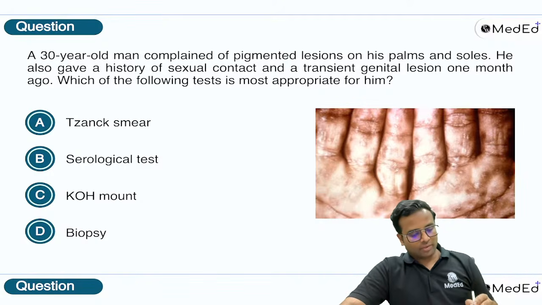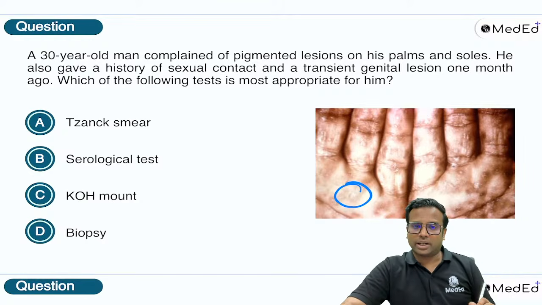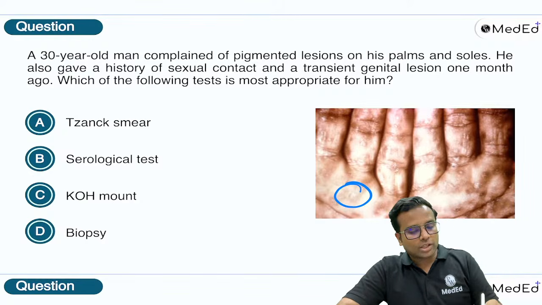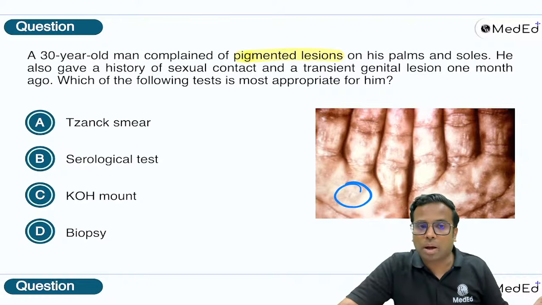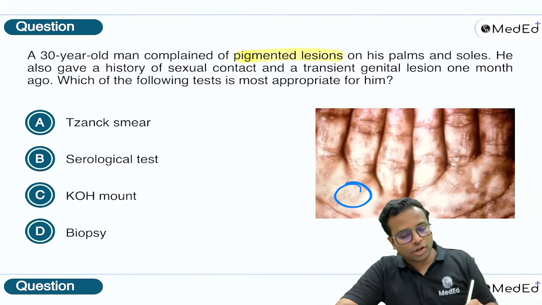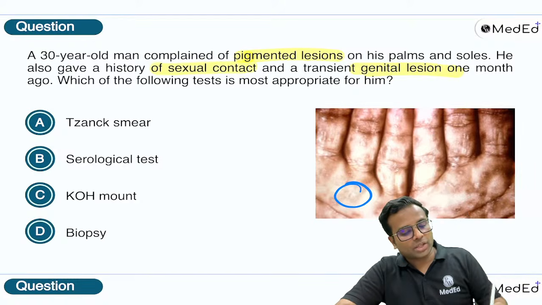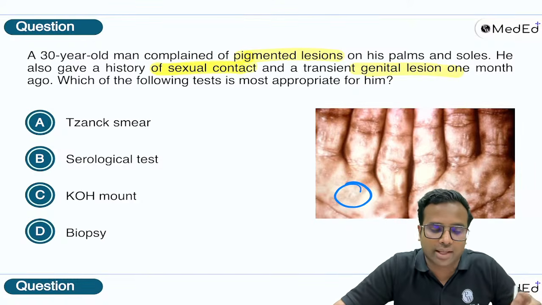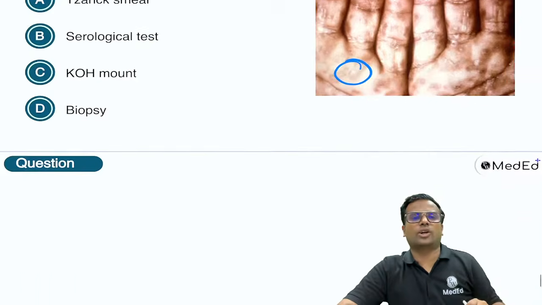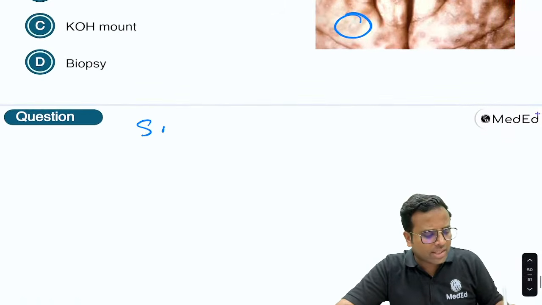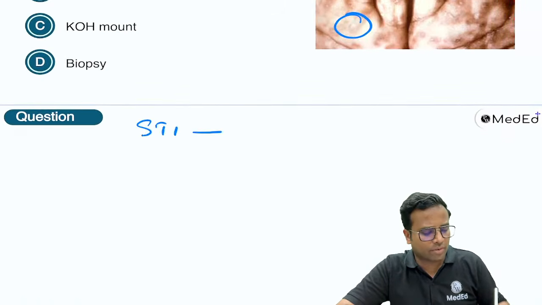Now, what is the patient having? He is having some hyperpigmented lesions in the palms. Okay, so there are pigmented lesions over the palms and soles. There was a history of a genital lesion 1 month ago, and there is some history of sexual contact as well, which means we are talking about some STI, sexually transmitted infection.